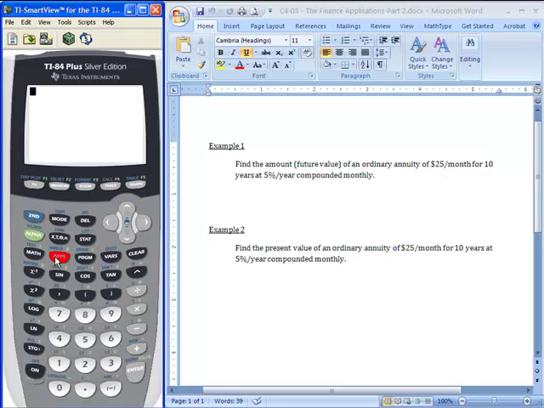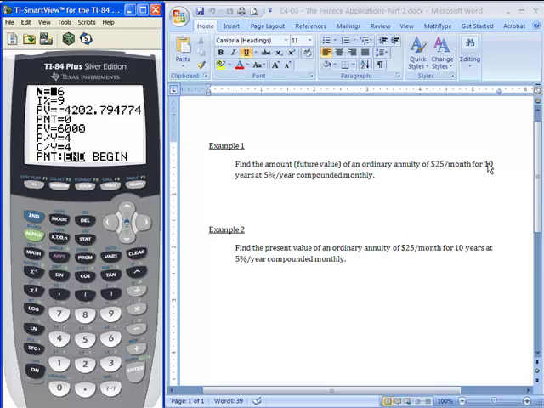So if we press apps on the calculator and then choose option number 1 for the finance apps, and then choose option number 1 again for TVM solver, we get this screen, which we're already somewhat familiar with. What we need to start with is the total number of compounding periods.